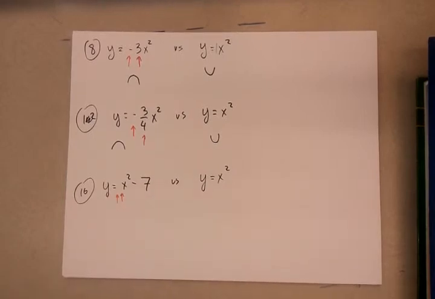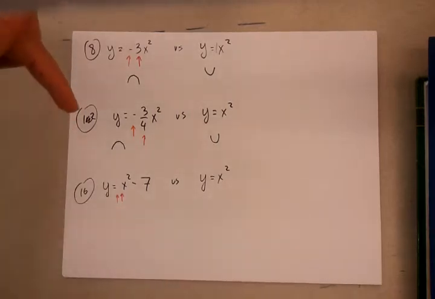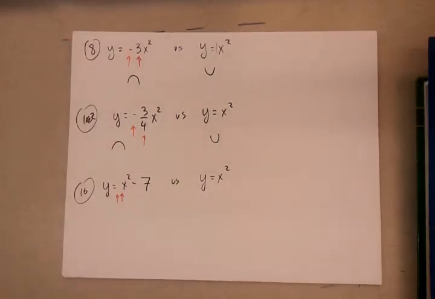The negative means it shifted in the negative direction on the y-axis. So the parabola will shift down. The vertex will shift down 7 units. That's the only difference. So you would say that the vertex of the new parabola is shifted downwards 7 units.